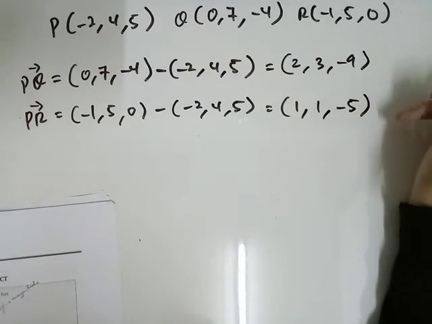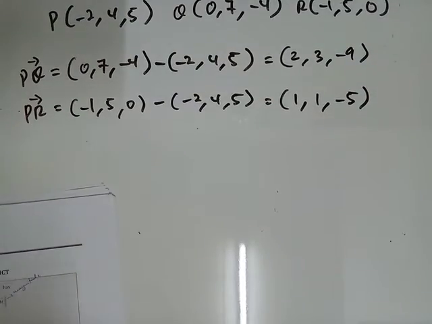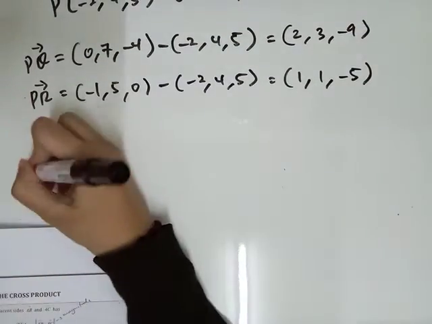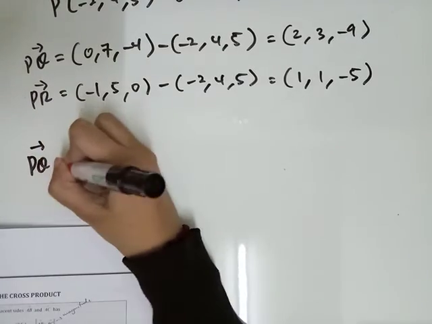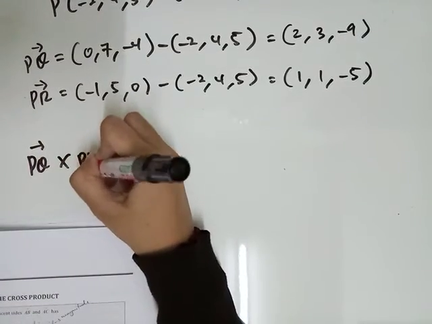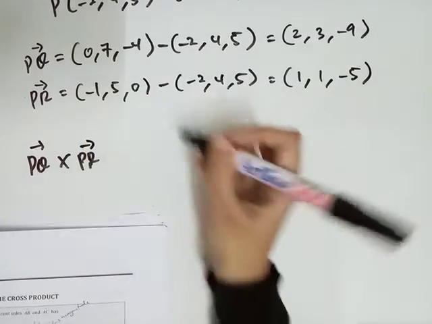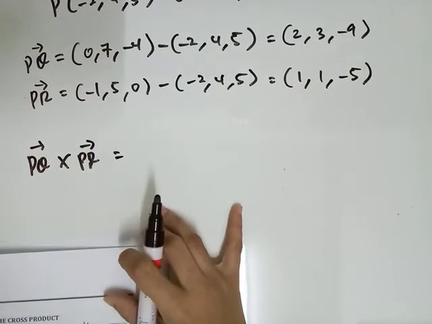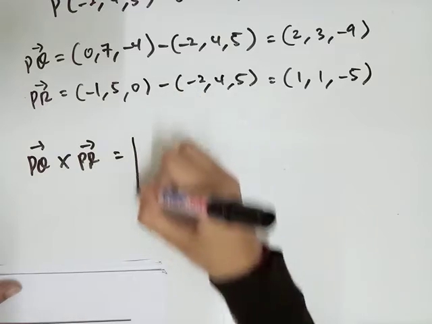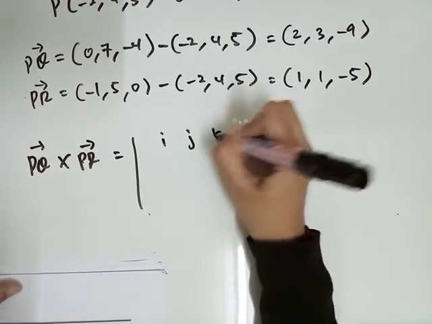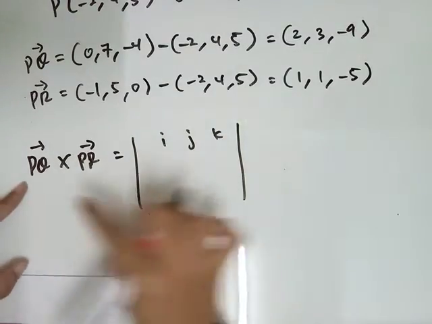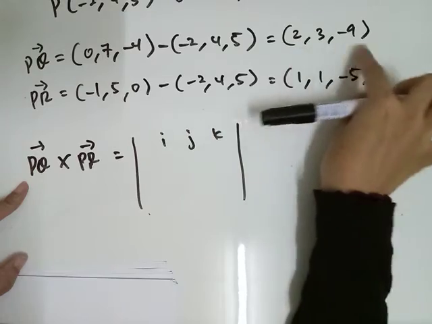So, dah cari vector. And then, barulah do cross product. Okay, PQ cross vector PR. I, J, K for the first row. Second row should be vector PQ, which is 2, 3, negative 9.